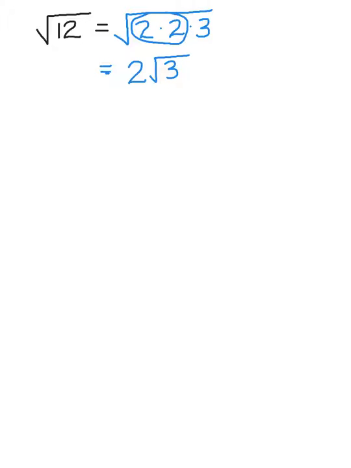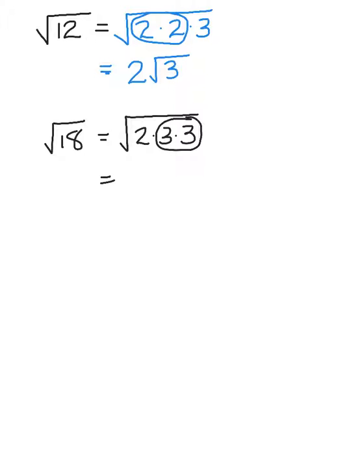Let's try another one. Square root of 18. Alright, 18 prime factorization. I can pull out a 2. What's left is 9, so that gives me 3 times 3. I have a pair of 3's that's going to come out in front of the radical sign, and I get 3 with a 2 left under. So 3 square root of 2. Here's another one.